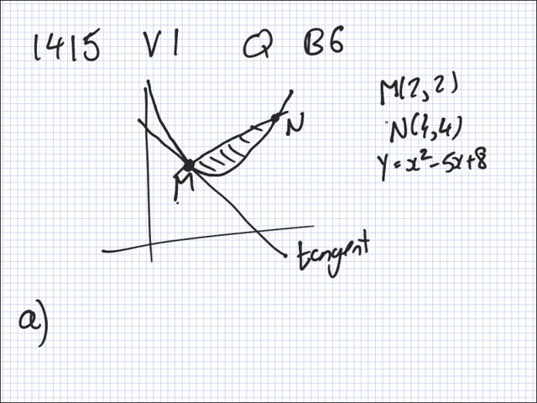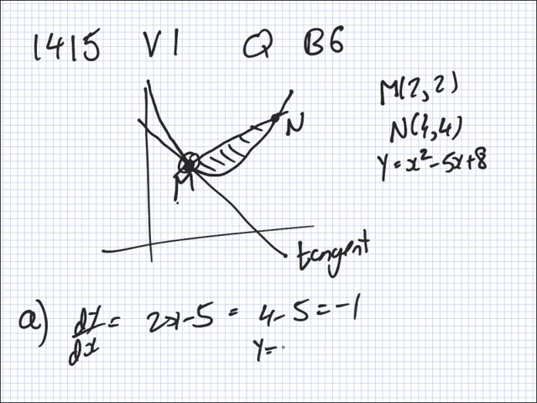Right, so we've seen this one before. What's our first step here? Derivative. So the derivative here is 2x minus 5. And what's the x to use? You can see it on the graph. 2, because it's tangent at M and the x here is 2. If I sub in 2, I'll get 4 minus 5, which is minus 1, which is good because it's sloping down.